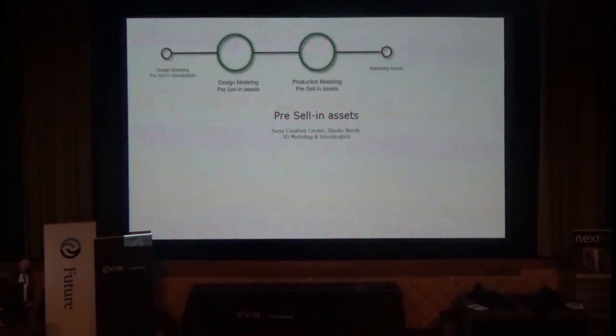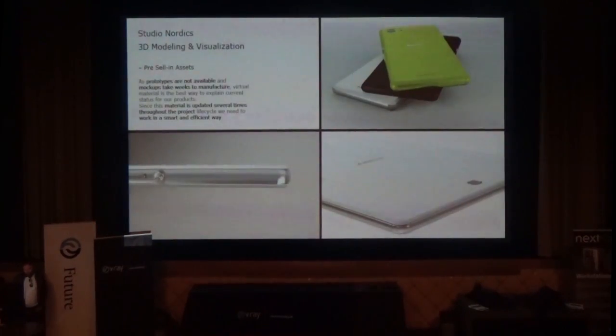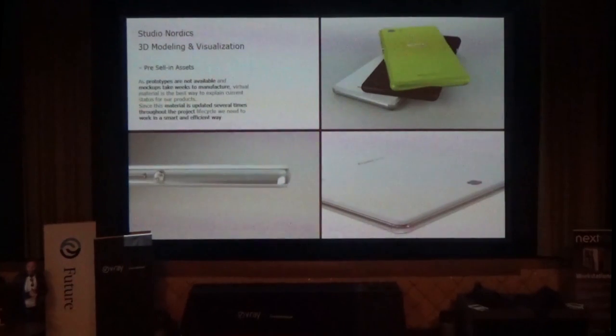We do pre-sell assets. So at this stage, prototypes are not available, and mock-ups are hard to get in time sometimes. And the purpose for this pre-selling is to make marketing material that is used to sell the product to operators like Tele2 or 3 in Sweden or Orange in France, for example.